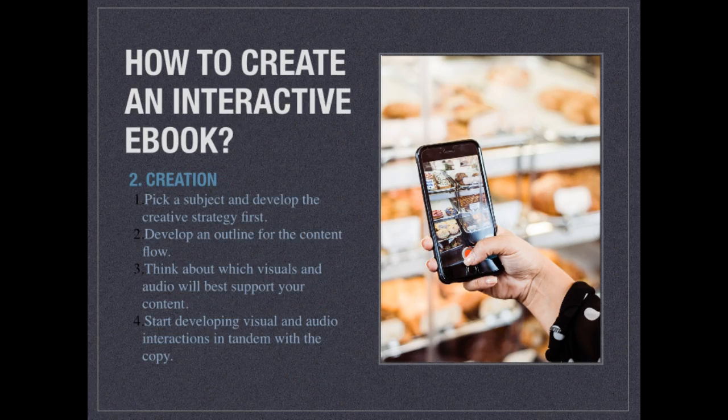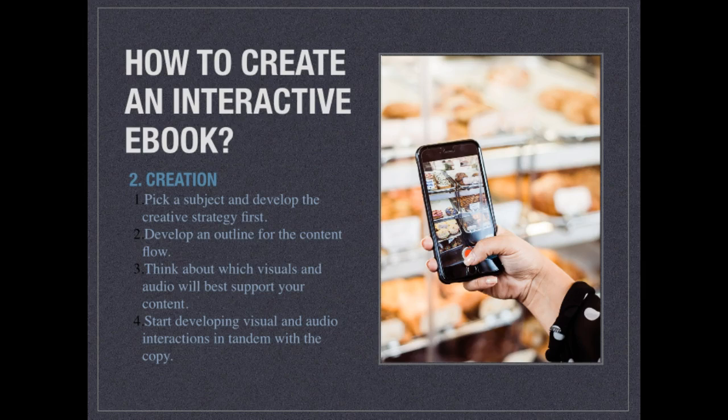After you have planned, you need to create. Creation of an ebook is something that most teachers think they are not able to do. Actually, it is not that hard.